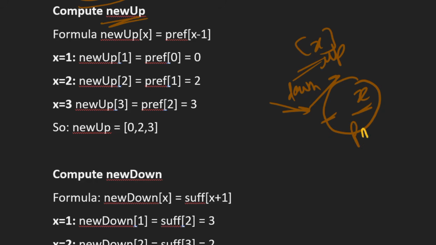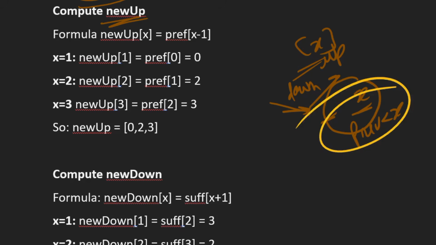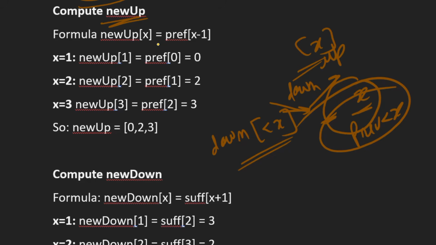Our previous value should be less than x, because our current direction is up direction. So we want all the down values less than x, that means prefix of x minus 1. So new up of x is equal to prefix of x minus 1.